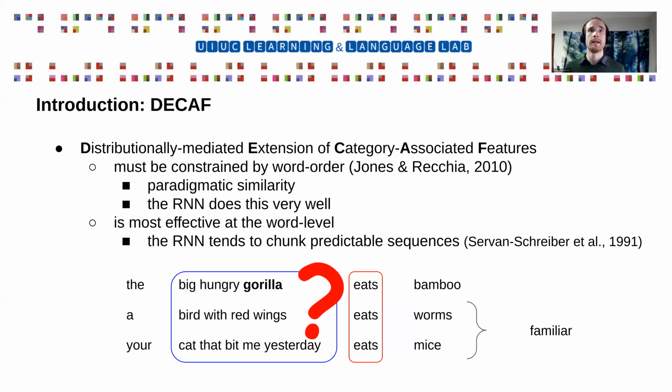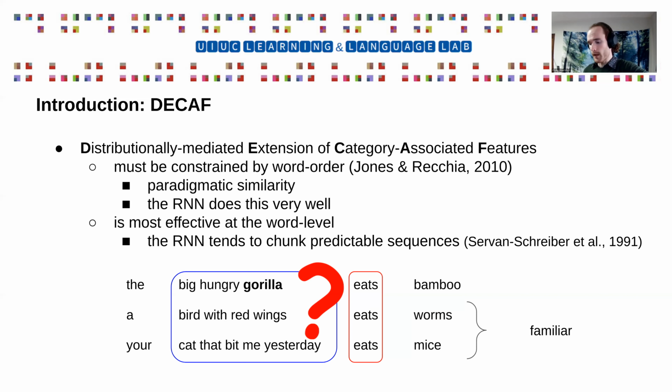What can we say about the RNN in this case, right? The recurrent neural network is actually quite bad at this. It doesn't make any guarantees that it will identify word level phenomena. In fact, it's designed to learn sequences. And when it can, it will chunk words together into sequences and learn statistics at higher order grain sizes.